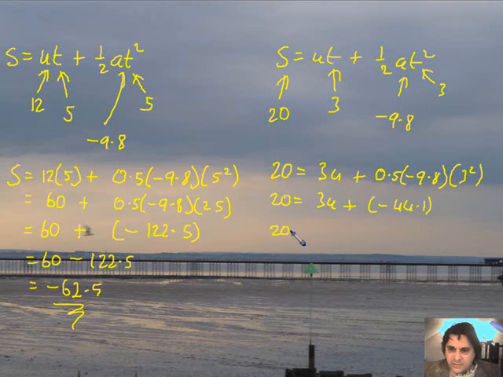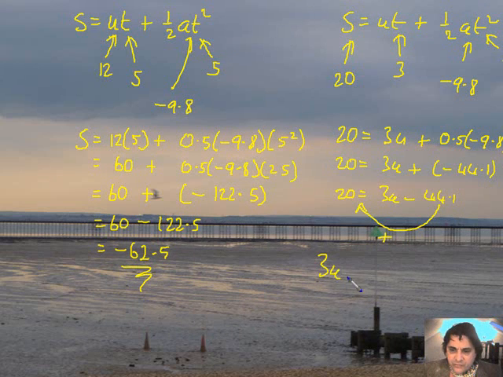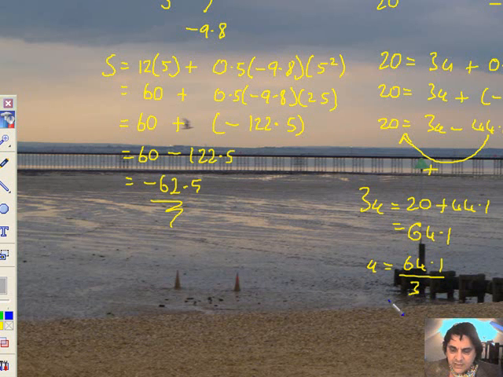Let's tidy up a little bit. 20 equals 3 times u minus 44.1. Simple equation. Bring that over and add it. So I've got 3 times u equals 20, because it was there first, plus 44.1. That comes to 64.1.